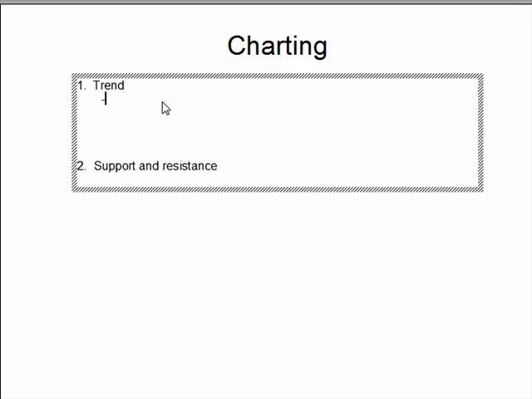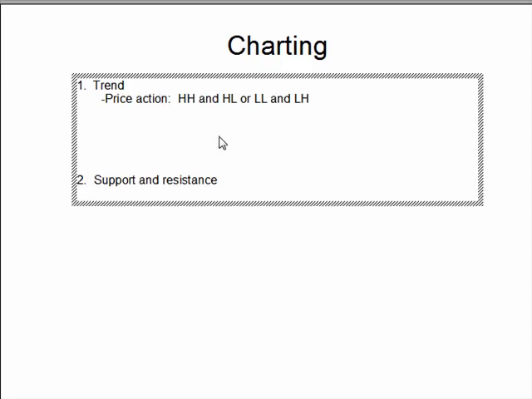We want to look for price action, which means what the price is doing, or looking at higher highs and higher lows, or lower lows and lower highs. So what is the price doing, and how does that create what we would identify as a trend?